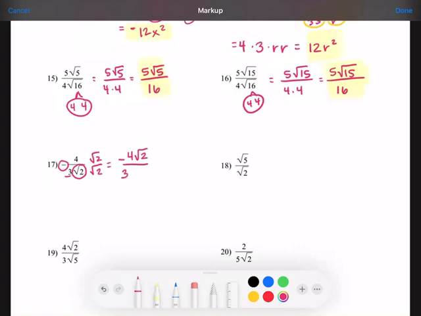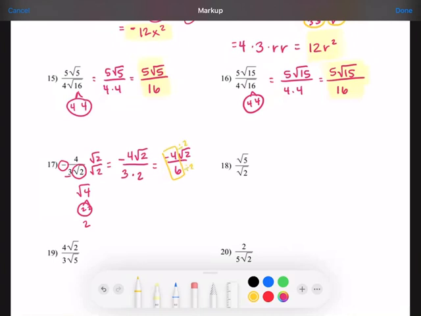They cannot be combined because one is a coefficient and one is a radical. On bottom, I'm going to keep my coefficient of 3. And then a square root of 2 times the square root of 2, well, that equals square root of 4, which equals 2. I know that square root of 2 times square root of 2 is just 2. So I get negative 4 square root of 2 over 6.